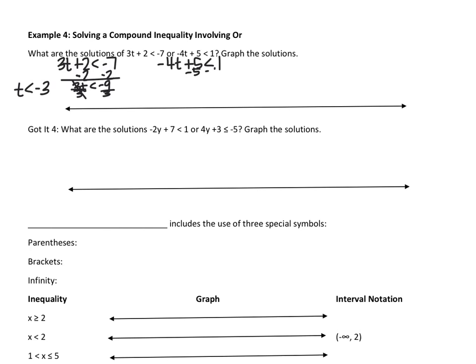Again, we're going to subtract 5. We get negative 4t less than negative 4. Divide both sides by negative 4. So we turn our inequality around and we get t is greater than 1. And when we shade it, we just shade both of them on the same line. So I'm going to do it with different colors so you can see.